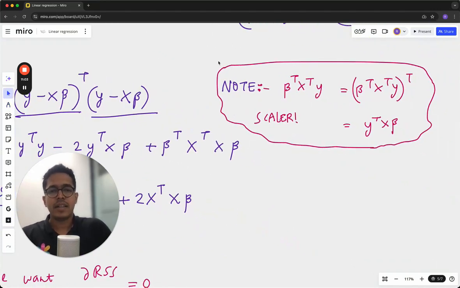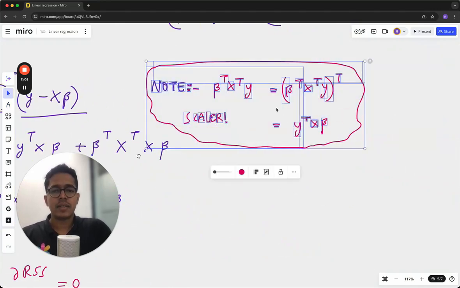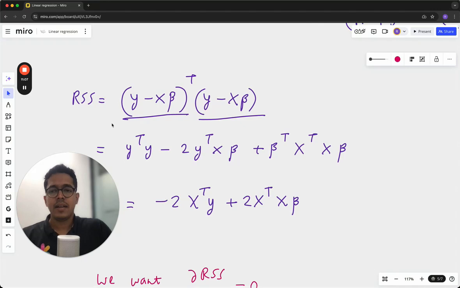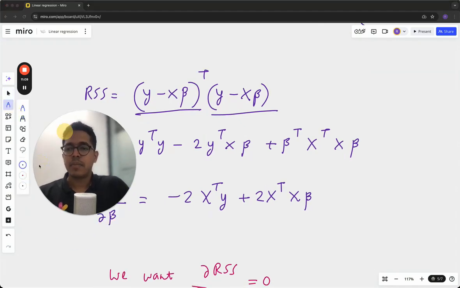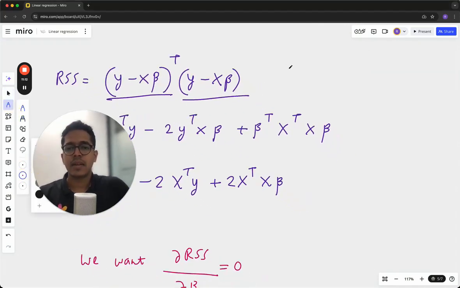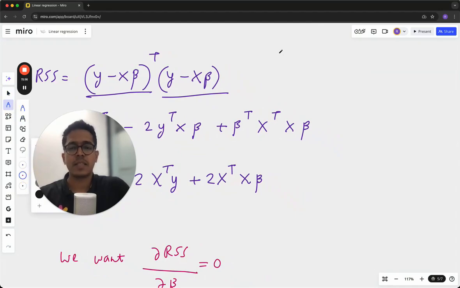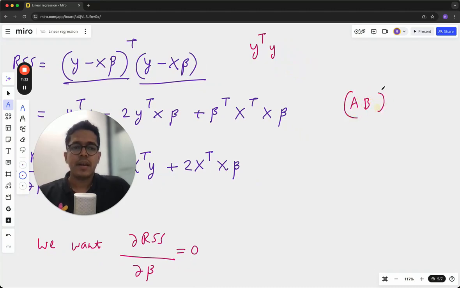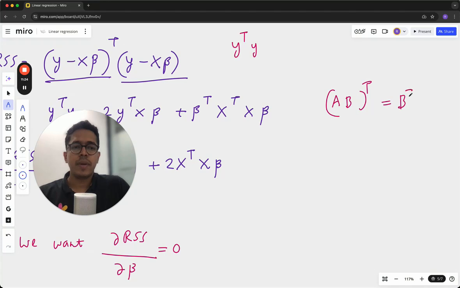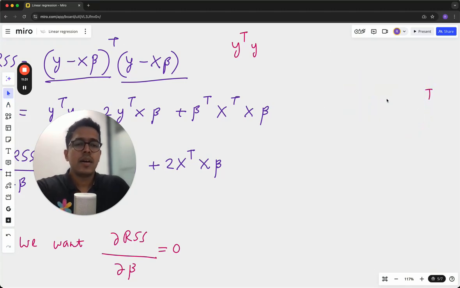Now there is one thing that I want you to note here, just a small mathematical detail. So let's expand this term by term to understand this matrix multiplication. What is (y minus x beta) transpose times y? That will be y transpose times y. Then what is (A B) transpose? It's equal to B transpose A transpose. This is a basic identity within matrix transposes, so we can apply that here.